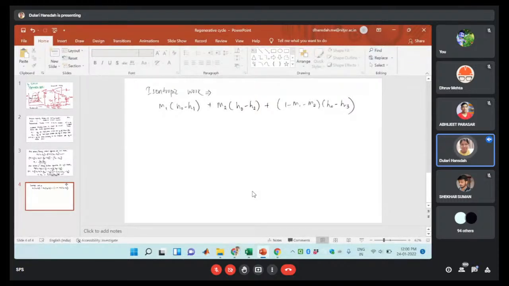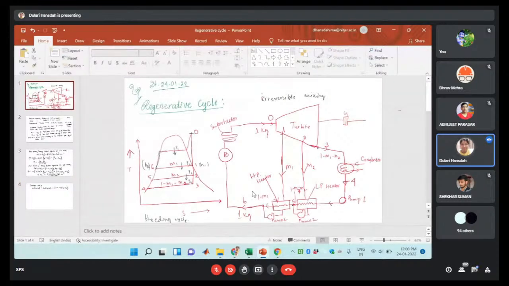Also, this work we can find out by considering the enthalpy difference only, and by considering the amount of heat drawn from the steam turbine.